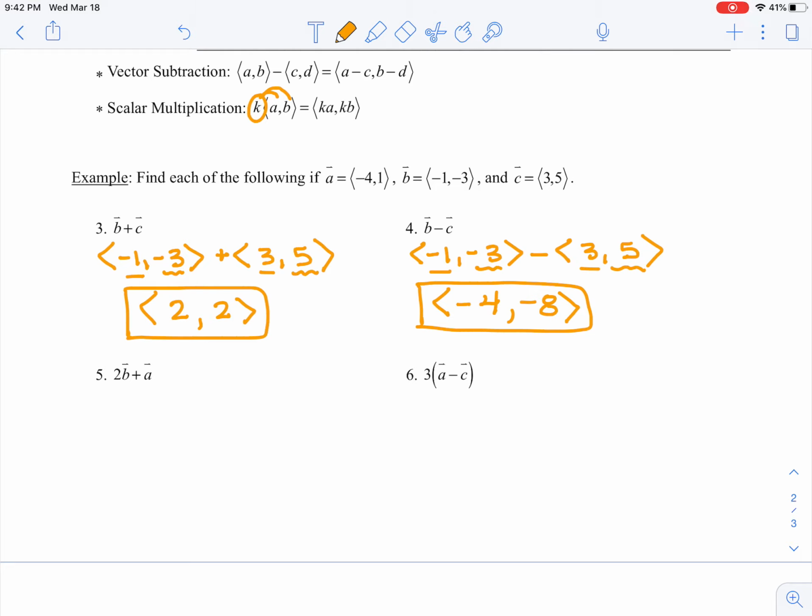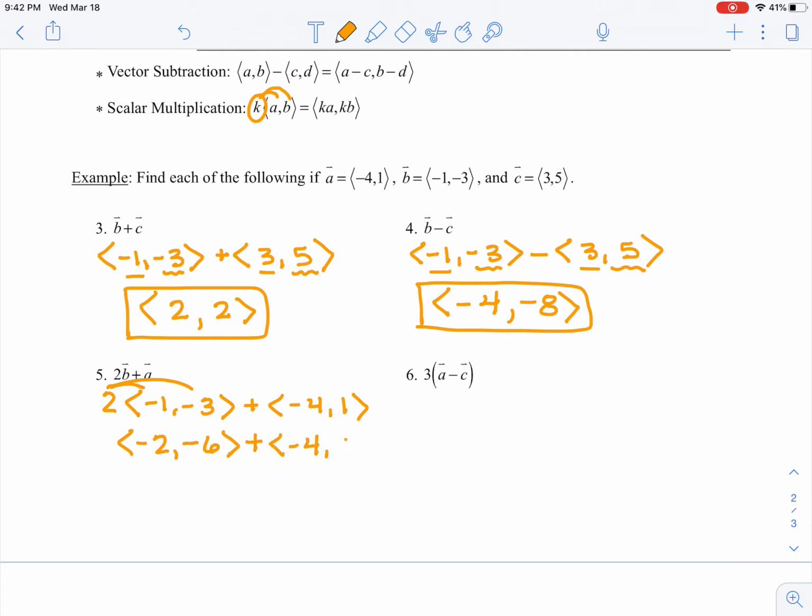In question number 5, keep in mind the order of operations. Here we need to find 2 times vector b plus vector a. Order of operations says to do our scalar multiplication first. So like the distributive property, we multiply 2 times -1 to give us -2, and 2 times -3 to give us -6.